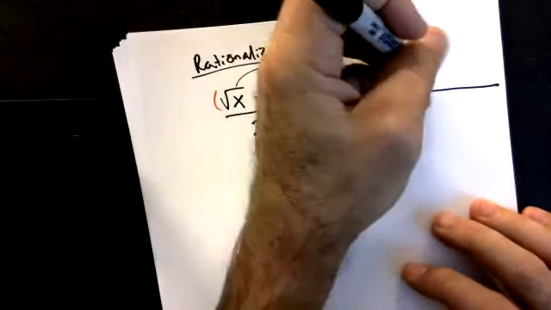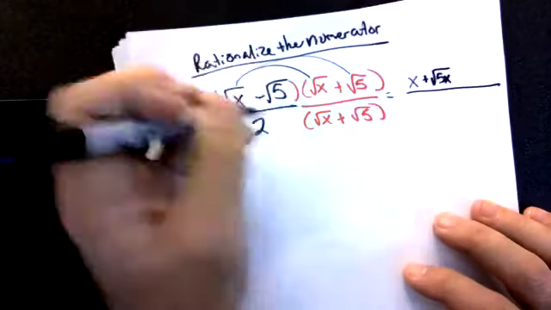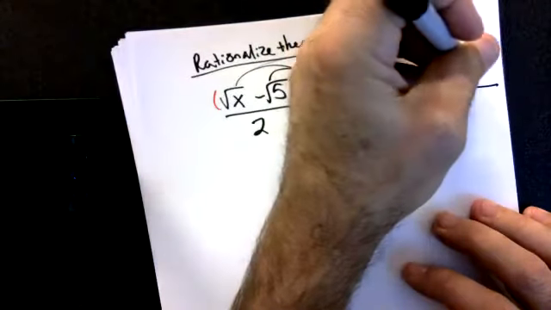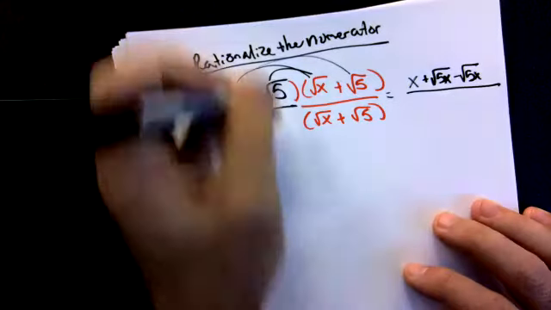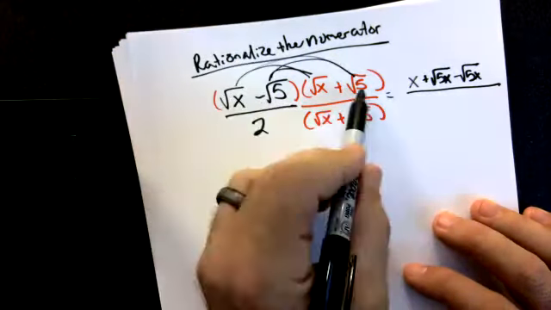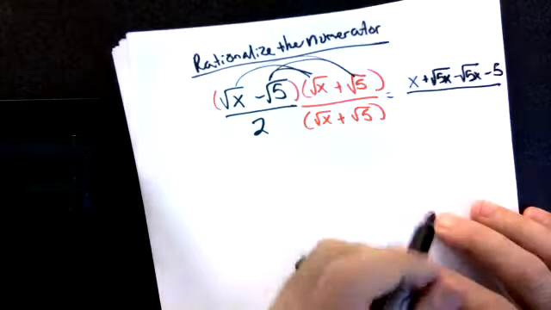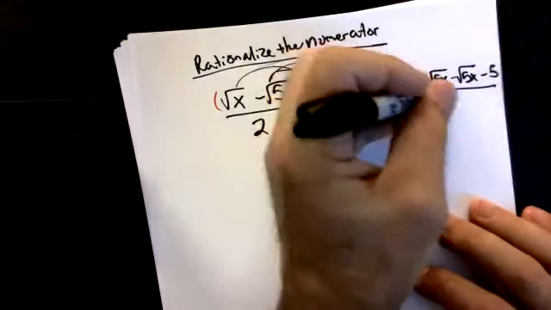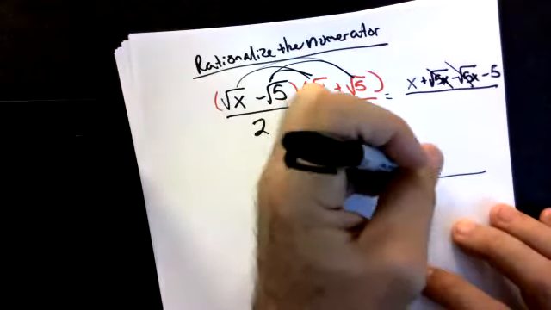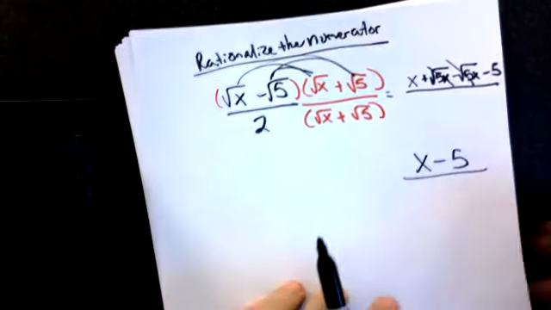Positive roots of 5x. Negative roots of 5x. And then negative root 5 times positive root 5 is -5. So again, if we clean that up, those cancel each other out, and we're just left with x minus 5.